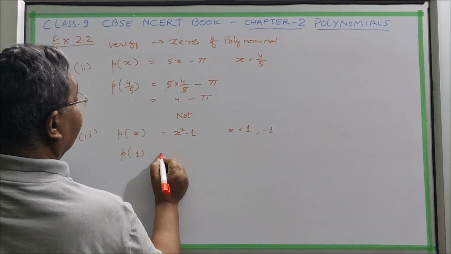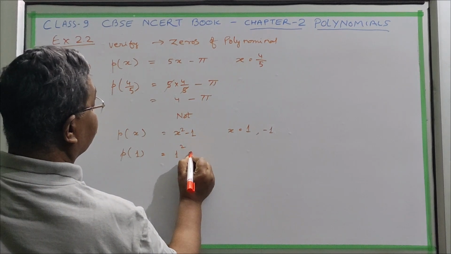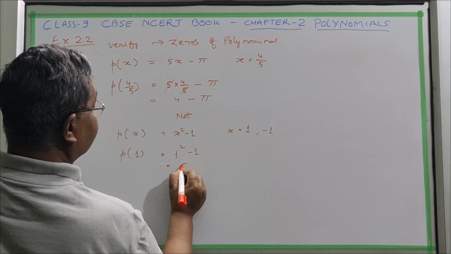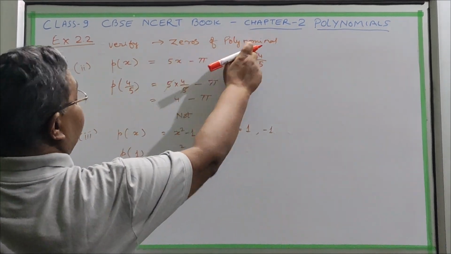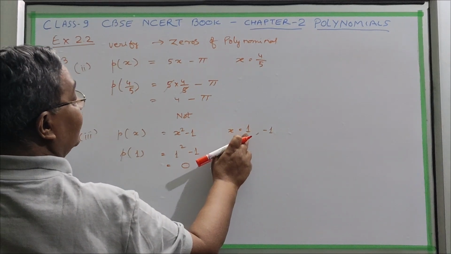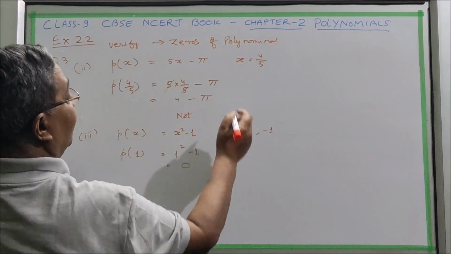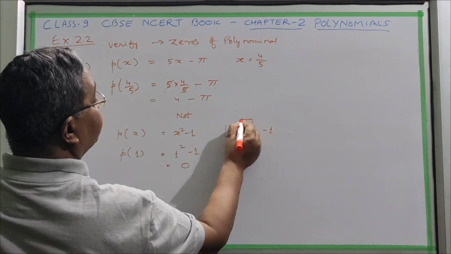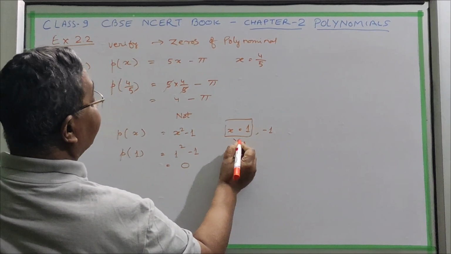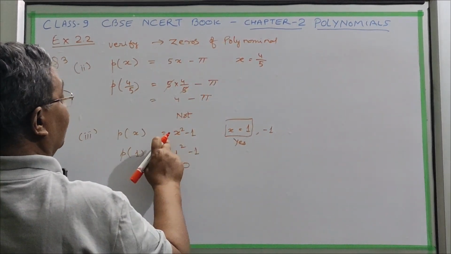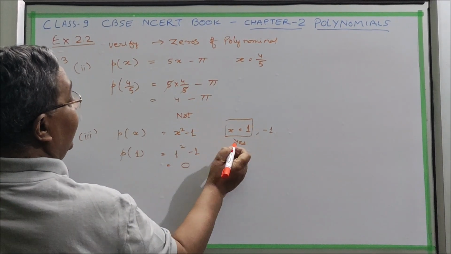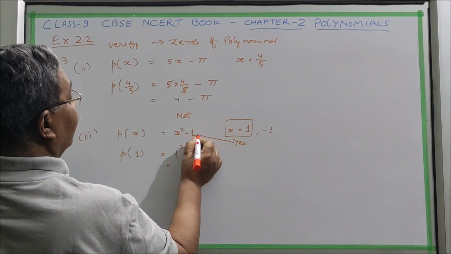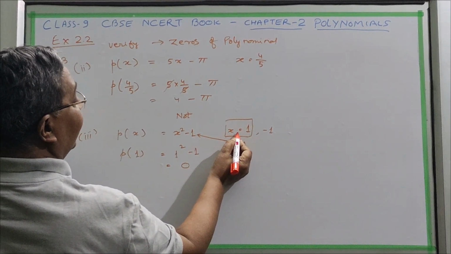P(1) is equal to 1 power 2 minus 1 equal to 0. Yes, it is a zero of the polynomial. So x equal to 1 is a zero of the polynomial x square minus 1.